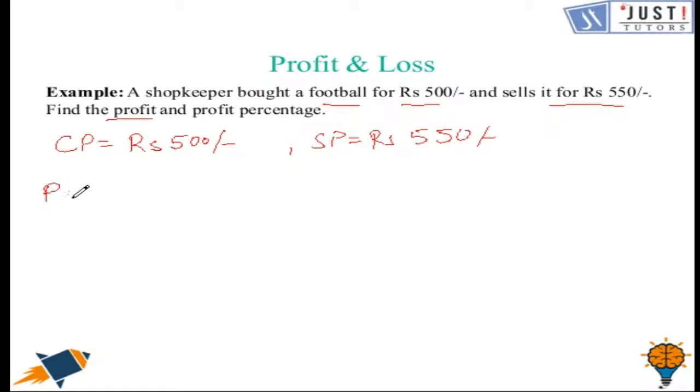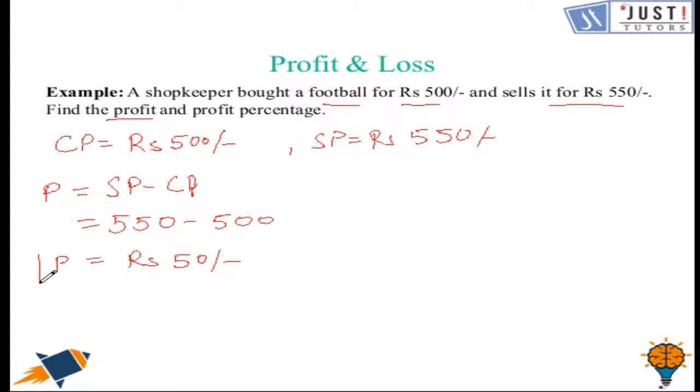Because SP is larger than CP, the formula we use is SP minus CP, by which we get 550 minus 500, that is rupees 50. He made a profit of rupees 50.